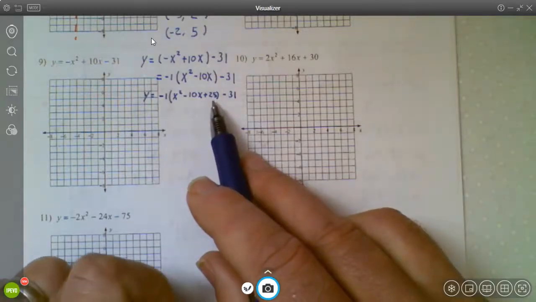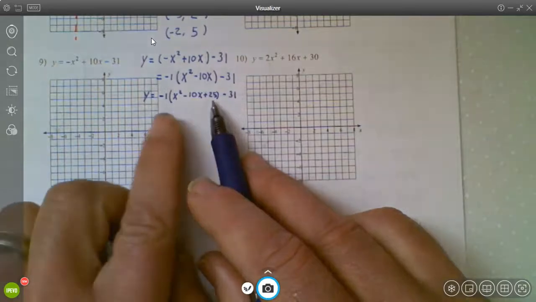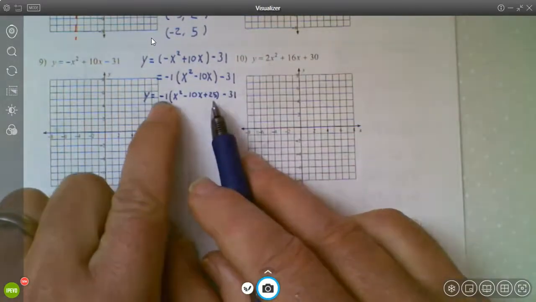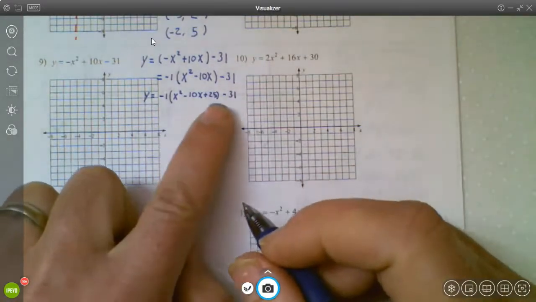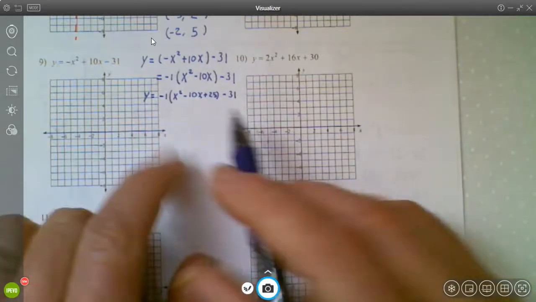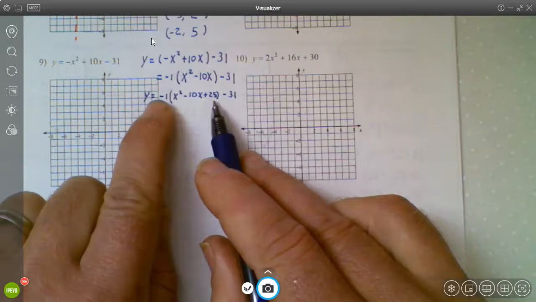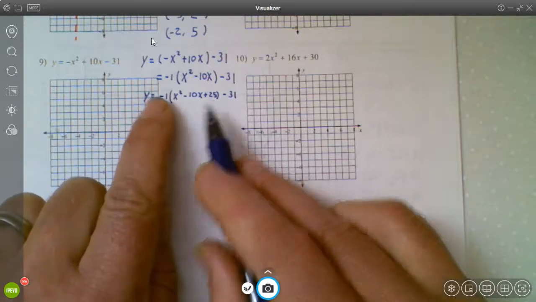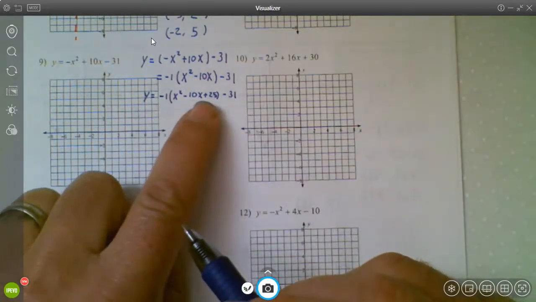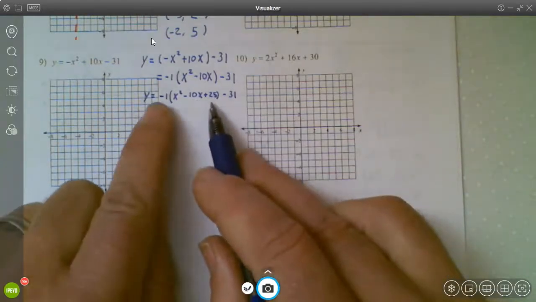This is something you have to be really focused on and take into account in this process: remember, this belongs to everything in parentheses, right? So I really didn't just add a positive 25 to this. I really just added negative 25, because this is negative 1 times all this information. So what we really just added to this equation was negative 25.